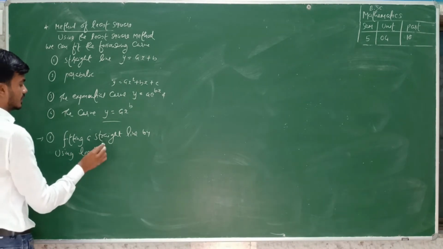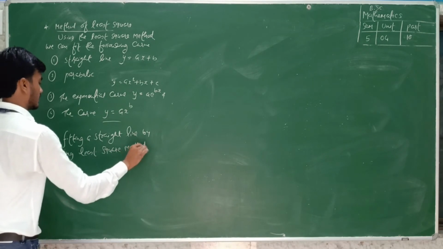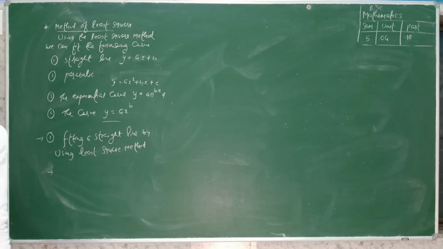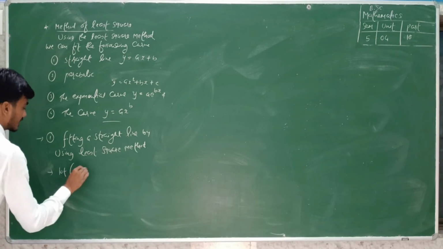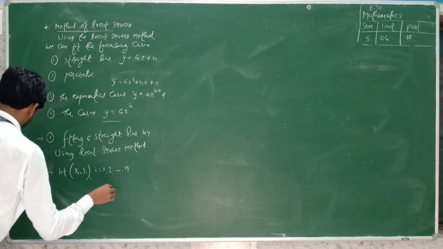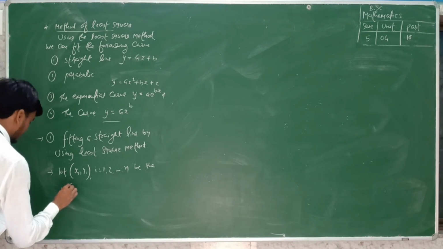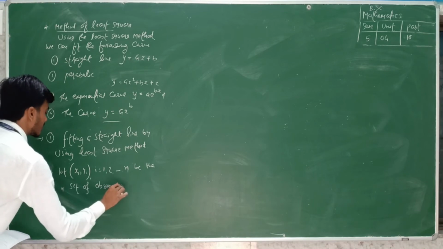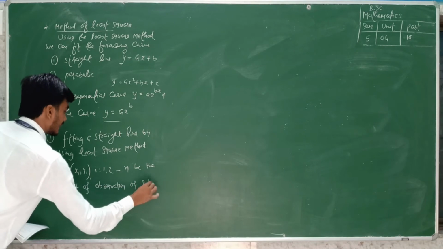So we have corresponding data, a set of n observations. Suppose xi and yi, where i is equal to 1 up to n, be the n set of observations of related data.